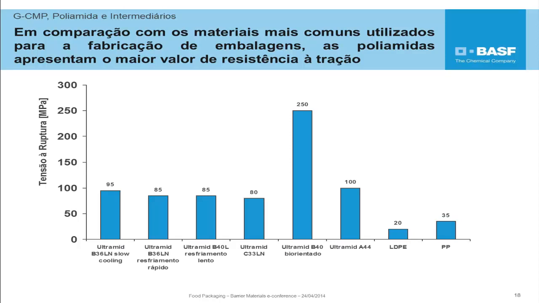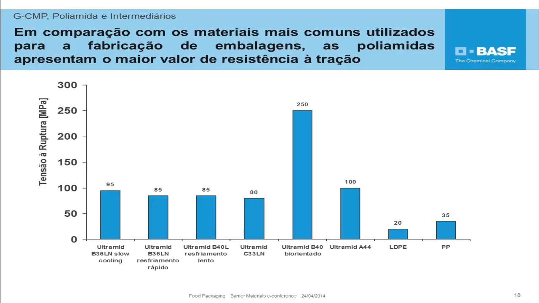There is also a difference in favor of homopolymers with respect to copolymers, and mostly a difference of bi-oriented copolymers, Ultramid B40 bi-oriented appearing in the chart with respect to all materials.